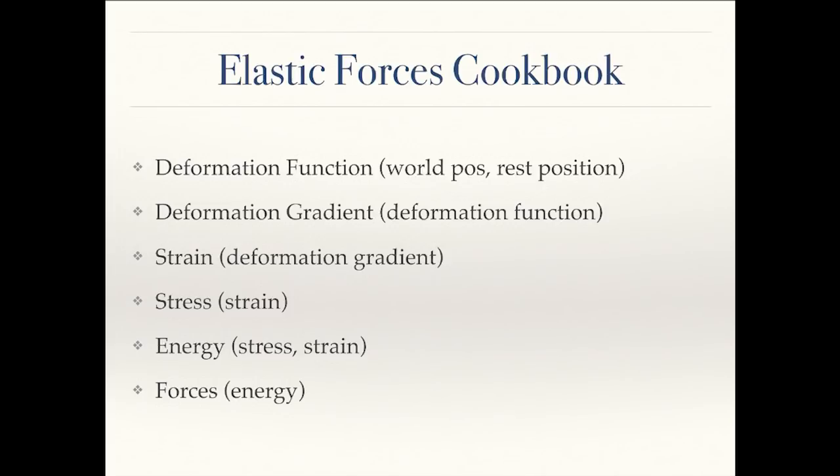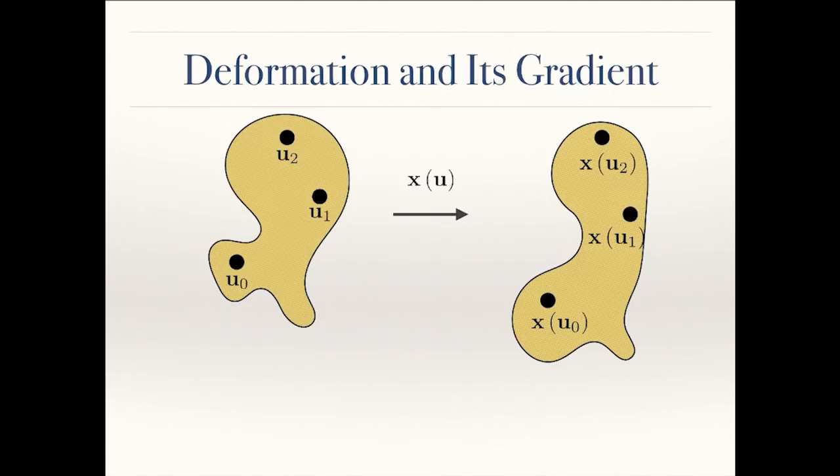Then we calculate a strain, which is dependent on the deformation gradient and is a metric for deformation. Then we calculate the stress, which is dependent on the strain, and I'll talk more about that in a minute. And then we can calculate an energy, which is dependent on both the stress and the strain. And finally, from the energy, we can calculate forces, which will be in the negative gradient direction, because forces try to undo energy, remove energy.